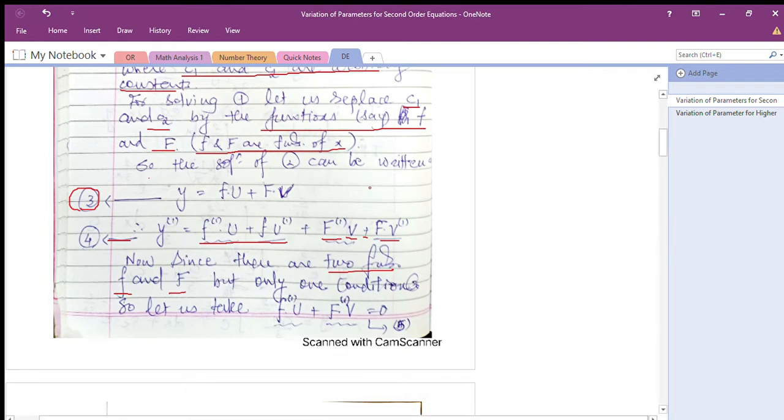So let us take the term f' u + F' v equal to 0, and call this equation number 5.